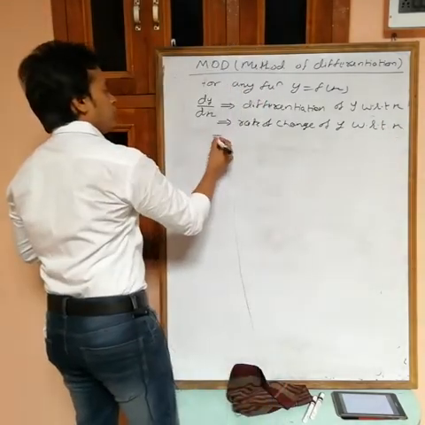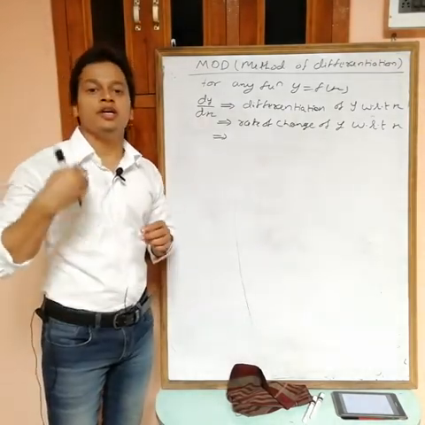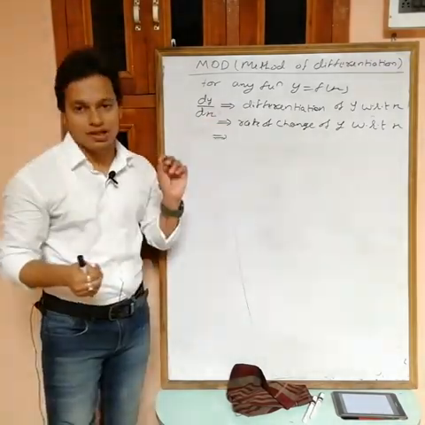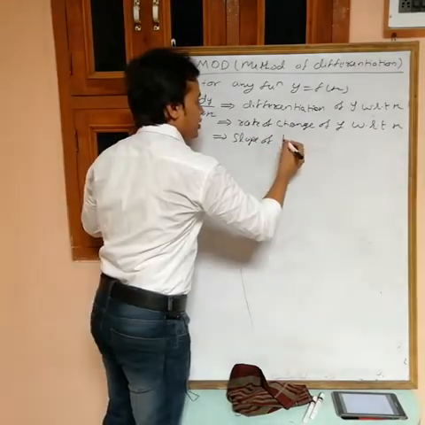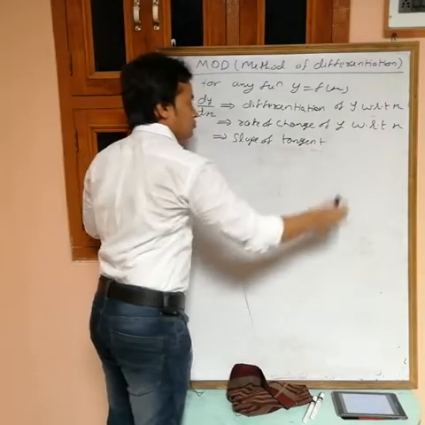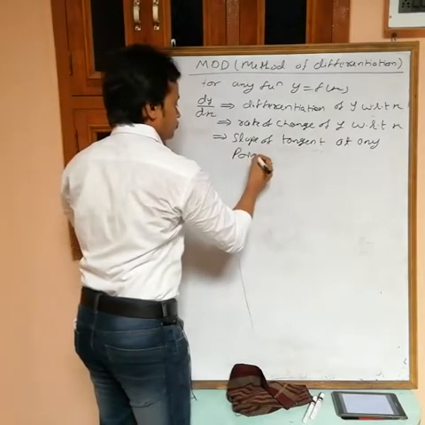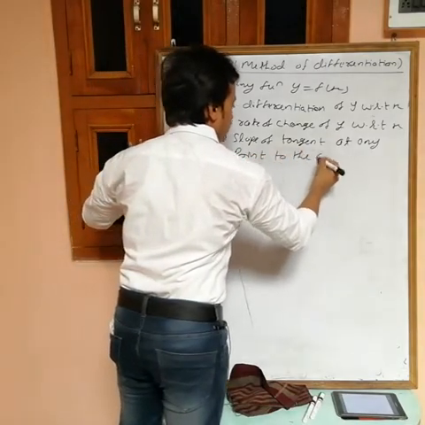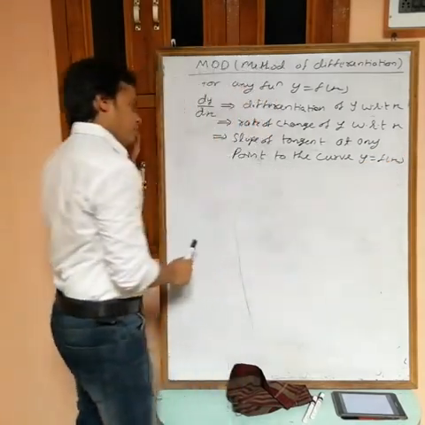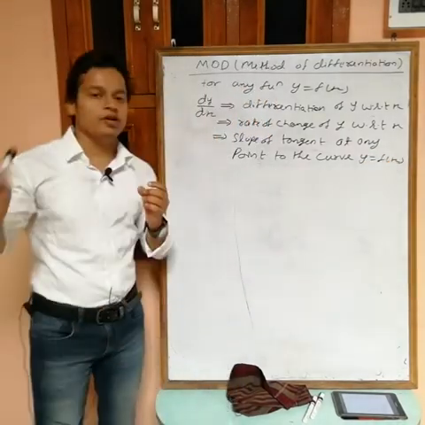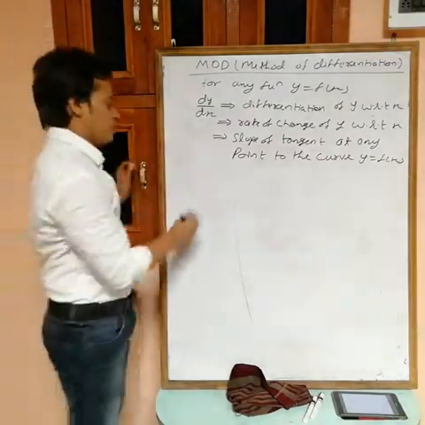And the geometrical meaning of dy by dx is the slope of tangent at any point to the curve y equals f(x). So it represents the slope of tangent, the rate of change of y with respect to x, and the differentiation of y with respect to x.